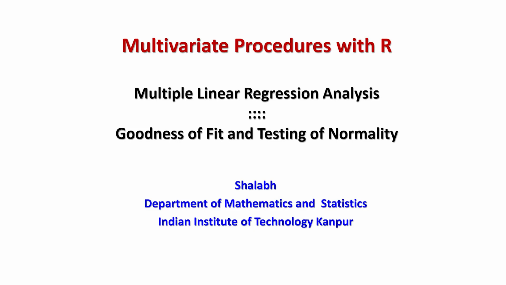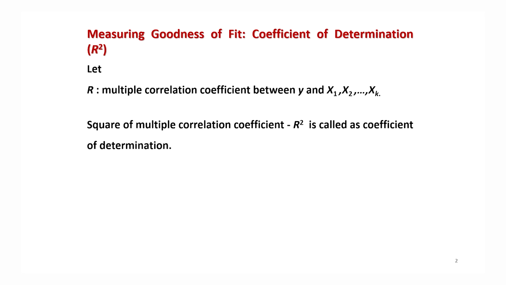Okay, so now first we talk about goodness of fit, and then we will talk about the concept of testing of normality in the setup of the multiple linear regression model. Right. So as I said, if you want to judge the goodness of fit, take two data sets: one in which the points are like this, and another data set where the variability is more like this.